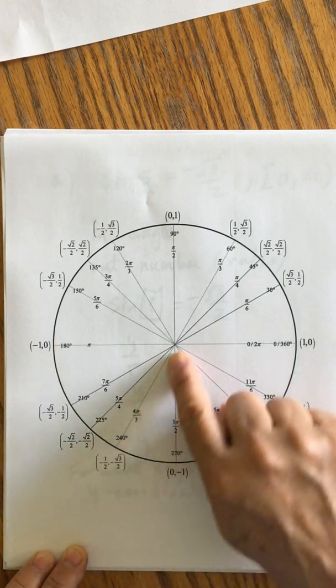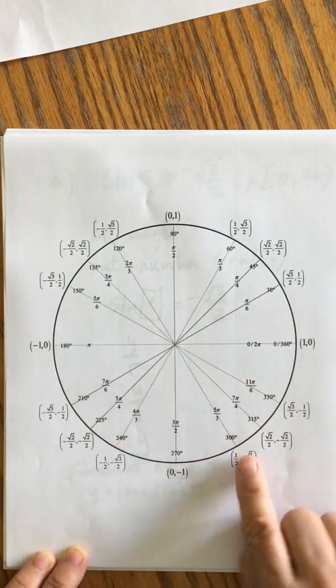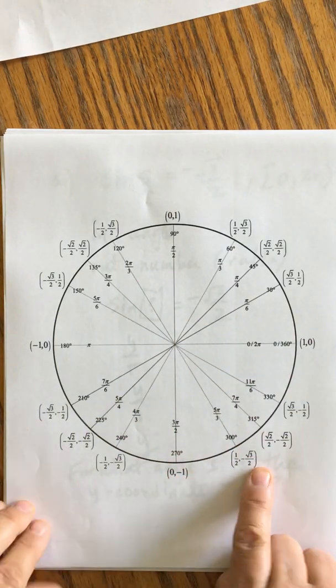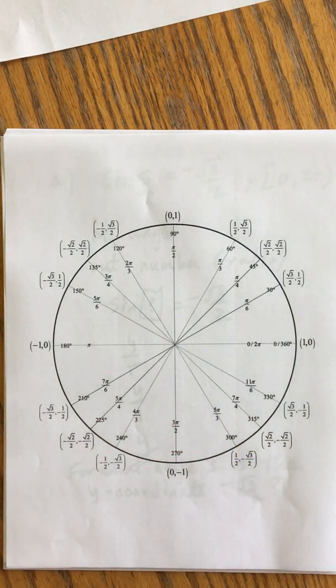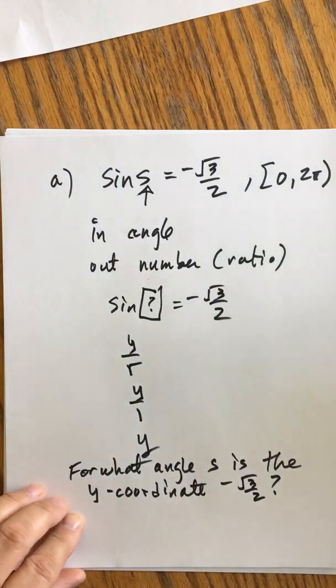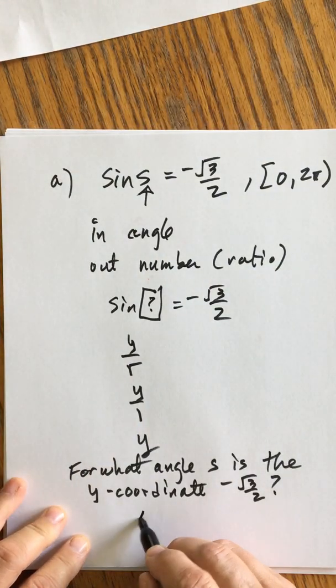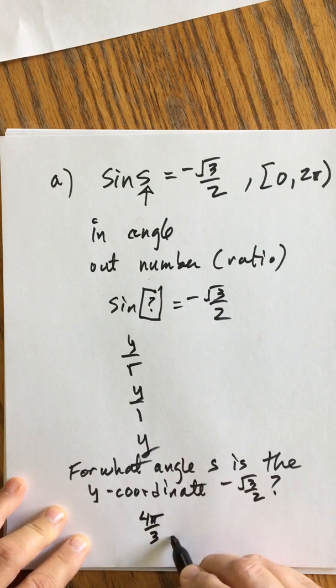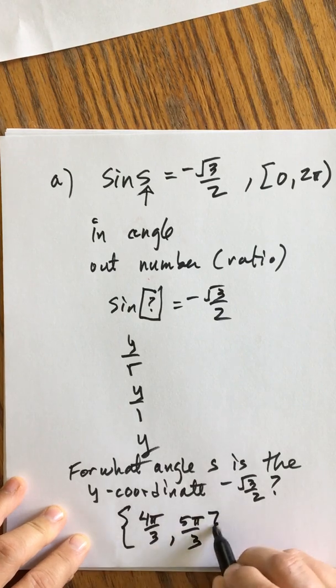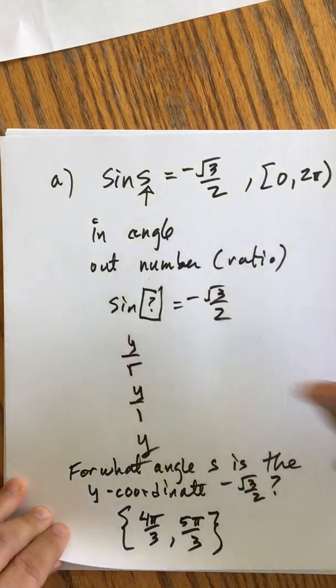So I'm looking at 4 pi over 3 and also at 5 pi over 3. Both of those have a y coordinate of negative square root 3 over 2. So my answer would be 4 pi over 3 and 5 pi over 3. That's the answer to A.